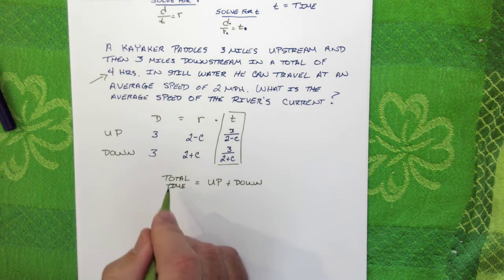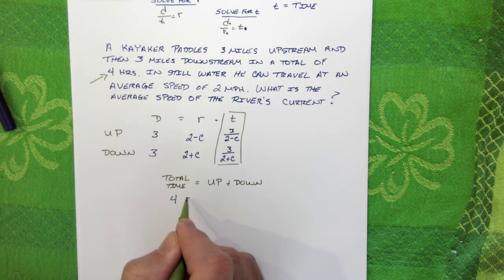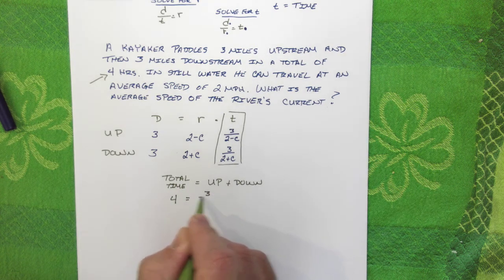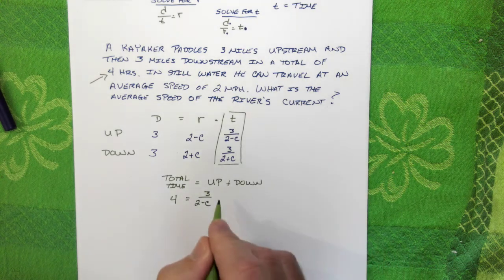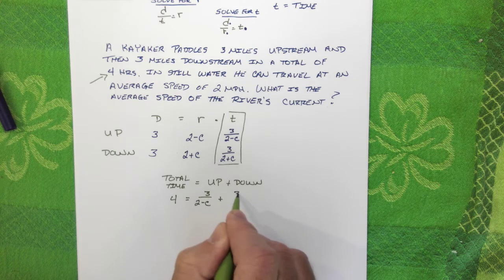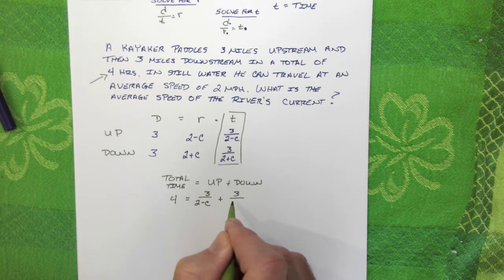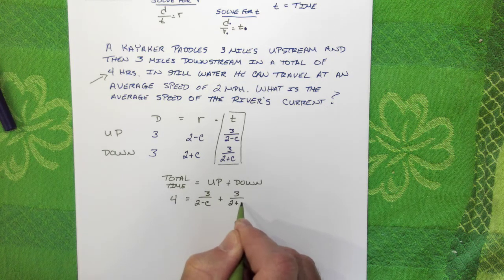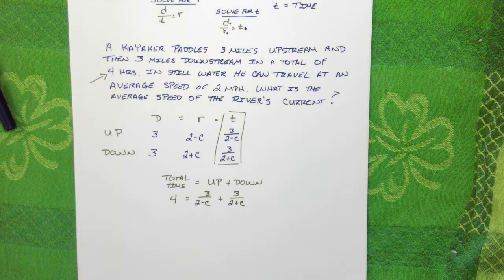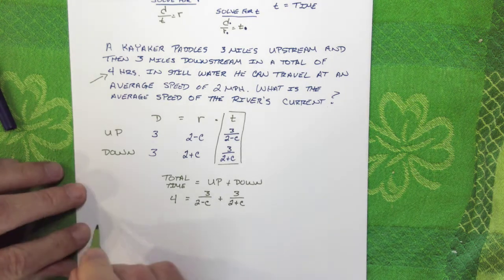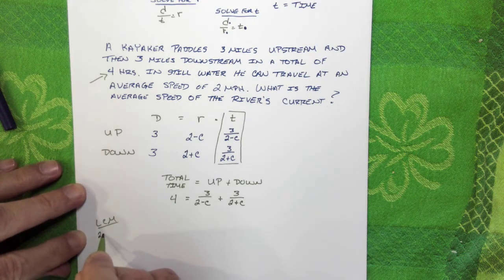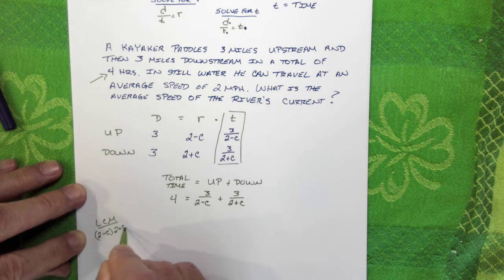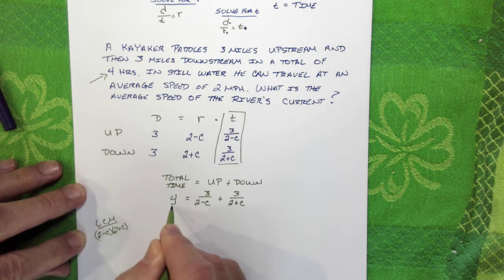So what's our total time? 4 hours. Up the river took us 3 over 2 minus the current. Going down the river took us, or we went 3 miles, over 2 plus our current. So again, we get some LCM action going on here. What's it going to be? 2 minus C, 2 plus C.